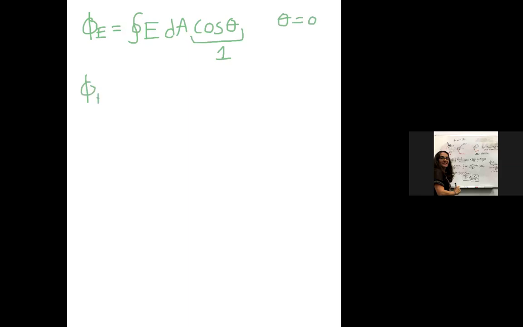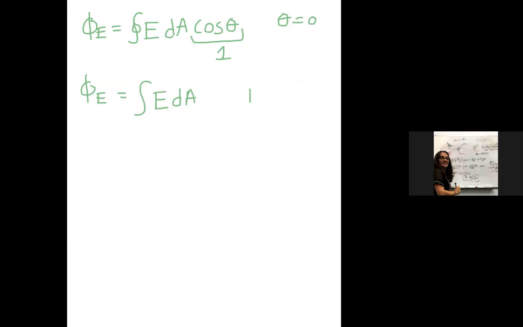So my electric flux is, first do the vector, done, E dA times 1. That's the vector part. Now do the calculus part. Does the E field change along that Gaussian sphere? No, it's the same.